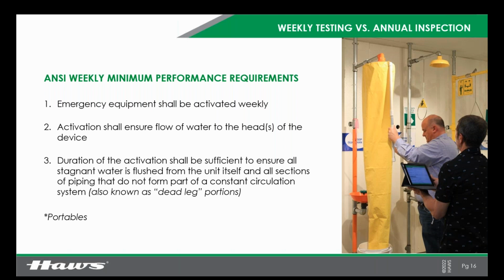If we don't have that water moving on a regular basis, we're going to get some nasty stuff in there. So on plumbed equipment, activate the device just long enough to ensure that it's working correctly and that we're clearing out that potentially nasty water in the line. If you're doing weekly checks, you're probably just fine.